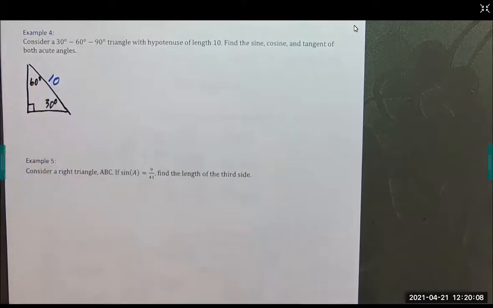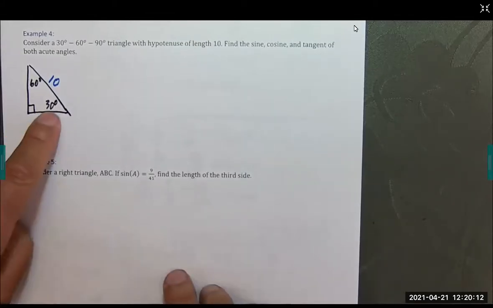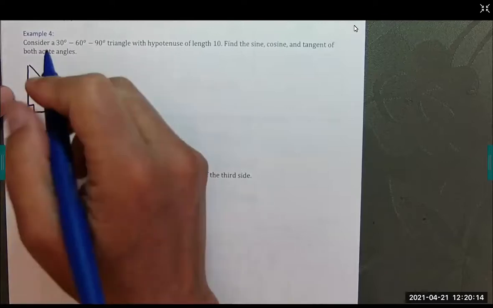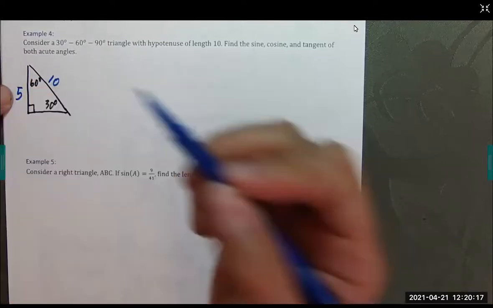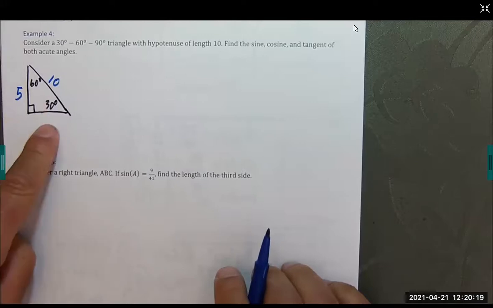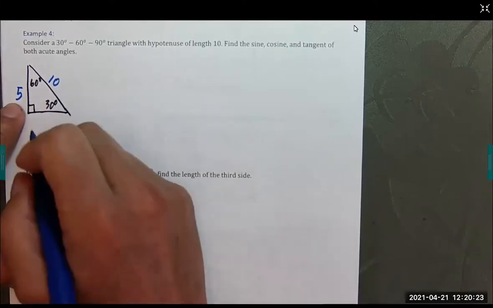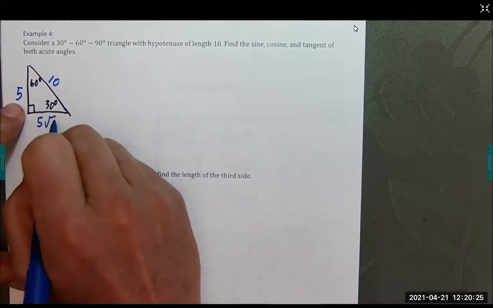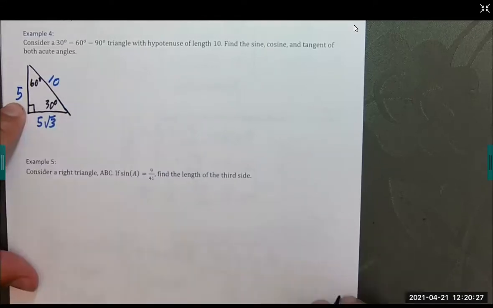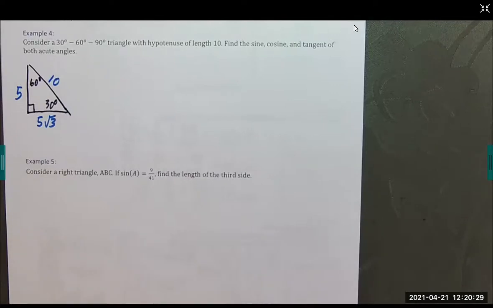If you remember your special right triangles, the side opposite the 30-degree angle is exactly going to be half the size of that. So that's going to be 5. The one opposite the 60 is going to be this one times root 3. So you may need to review your special right triangles with that.